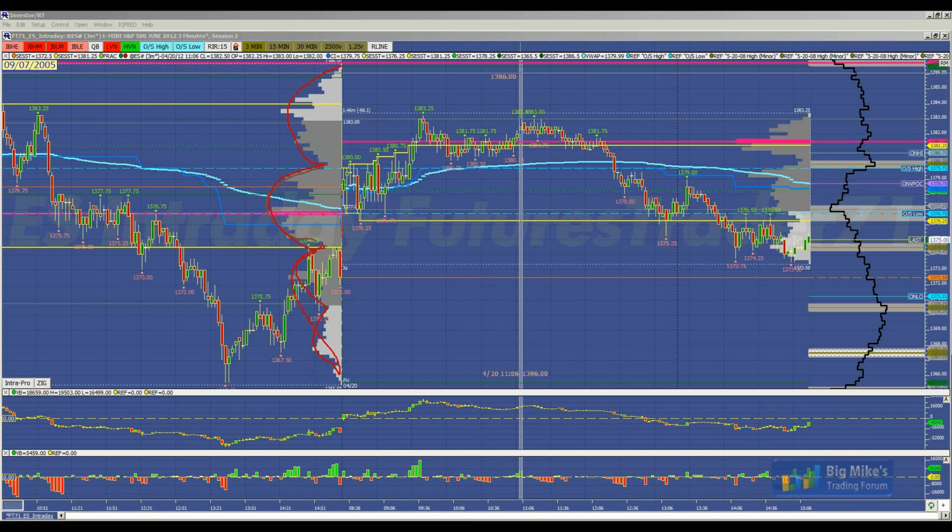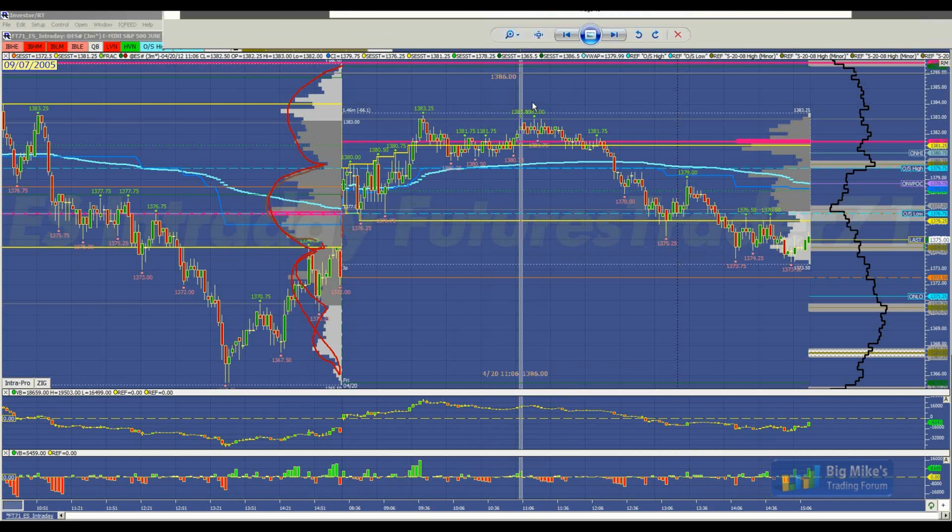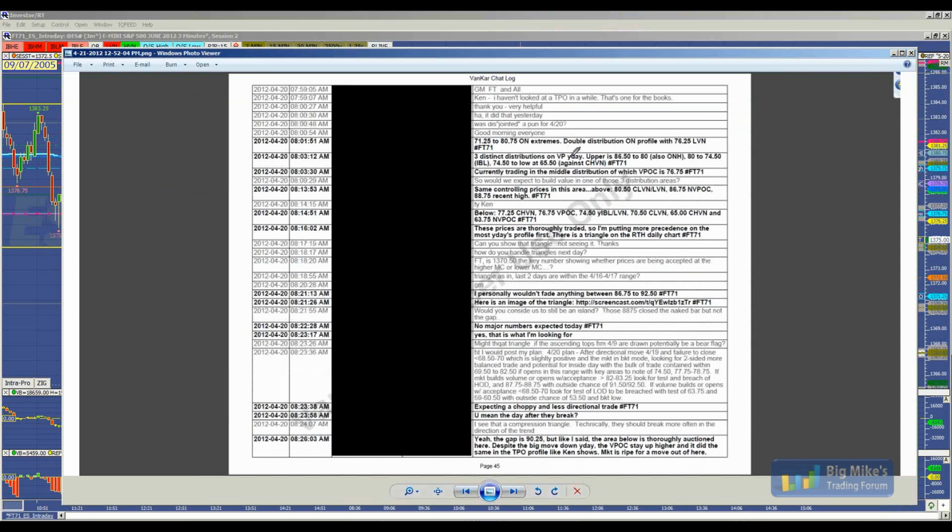So that's what I'm outlining in this homework. 3 distinct areas that the market felt balanced in before it moved to the next, to the next, to the next. We got to pay attention to that. 3 distinct areas, 86.5 to 80, 80 to 74.5, 74.5 to 65.5. Currently trading in the middle distribution of 76.75. Okay?